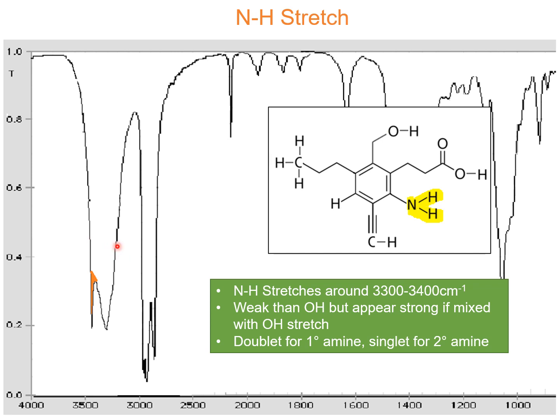Whereas if it is a secondary amine, where this H is substituted with, say, a methyl group, then it will have only one peak, called a singlet. And if it is a tertiary amine, wherein both the hydrogens are substituted with some R group, then there is no NH, so it doesn't give any peak. So IR spectra can easily tell whether it is a primary, secondary or tertiary amine.